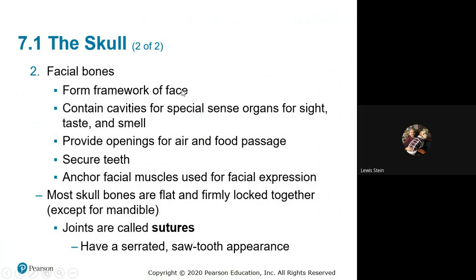The facial bones are certainly the framework of your face, the openings for special senses, air and food, securing the teeth. Muscles of facial expression adhere to those bones as well as to the undersurface of your skin, so to speak. We'll talk more about that in muscles.